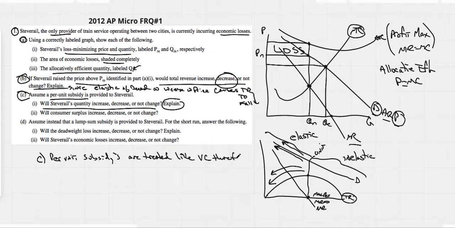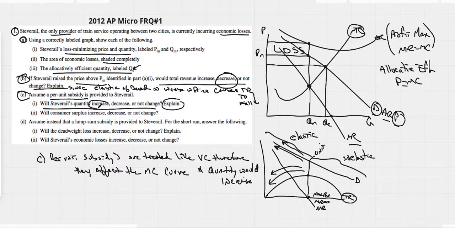Therefore, they affect the marginal cost curve, and quantity would increase. I would make sure that I said increase first, then comma, and then give the explanation right here.